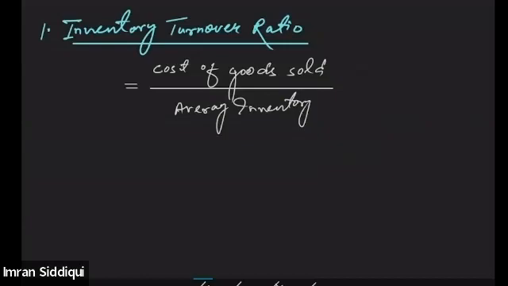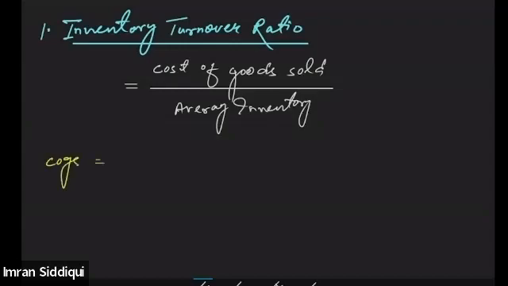Now, students have problems finding out the cost of goods sold as well sometimes. For that, I have also given a formula in order to find out the cost of goods sold.